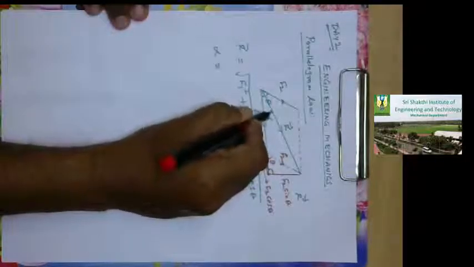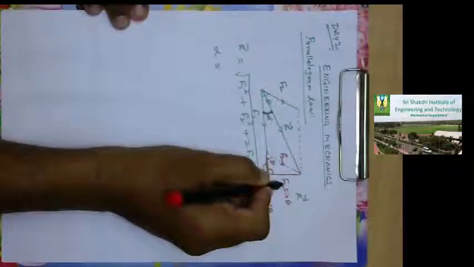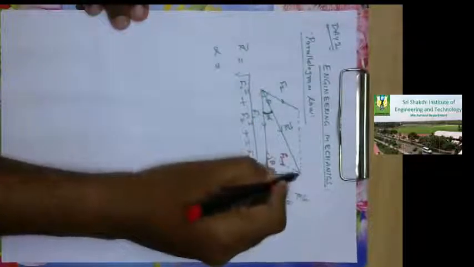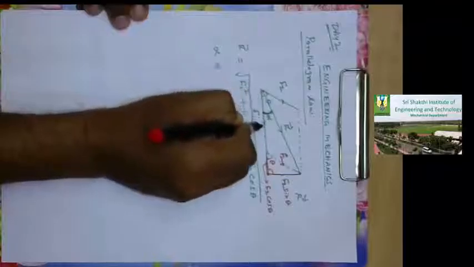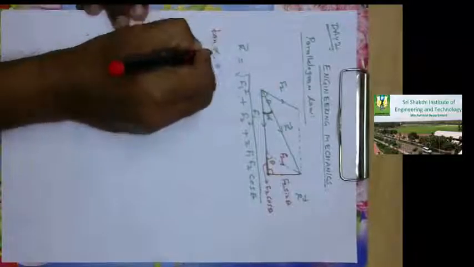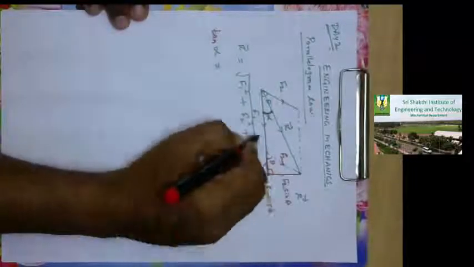If I want to find alpha, it is opposite side by adjacent side in this big triangle. So tan alpha equals opposite by adjacent.